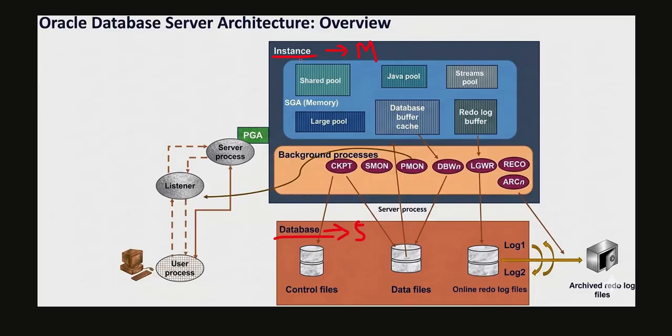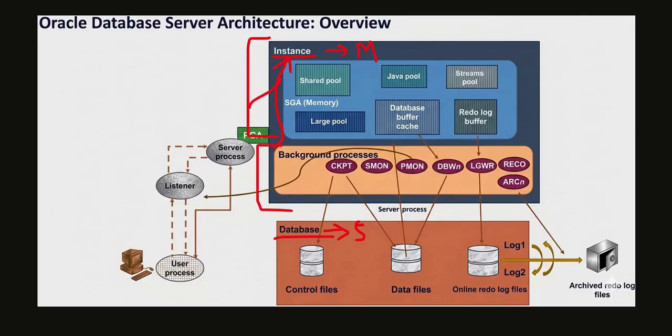In the instance, two parts will be there: one is the memory part and the second is the background process. These two parts together are called the instance. The other one, the database system, is the storage part. Many files will be present in the database system.